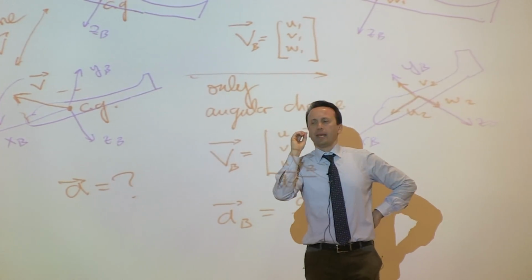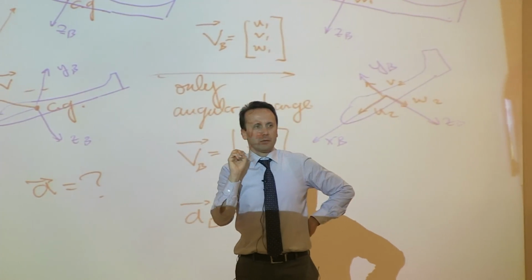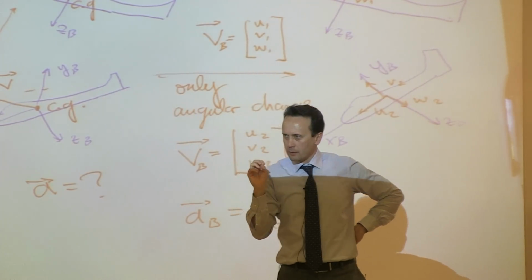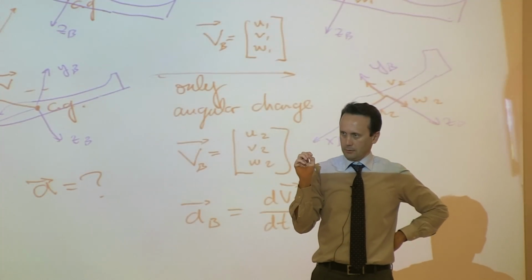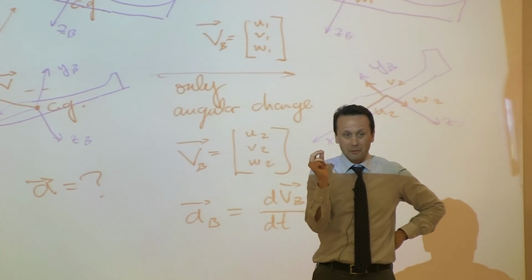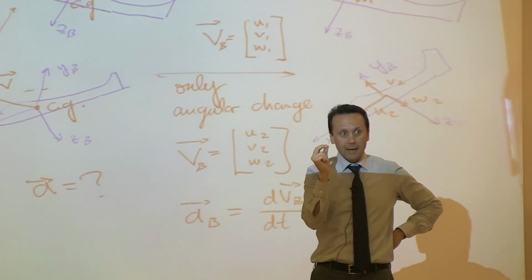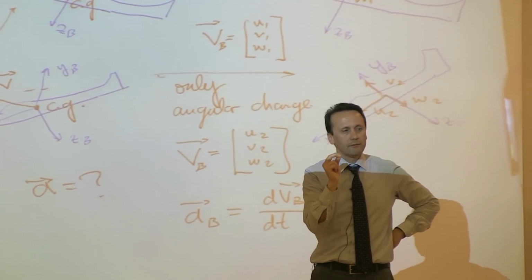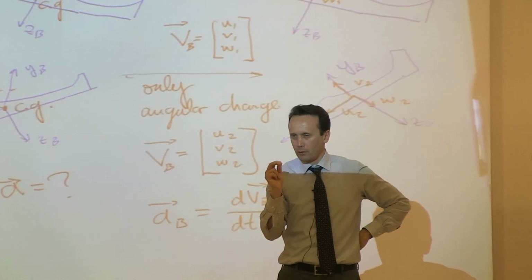F equals ma is only defined for particles, for what we call point masses.